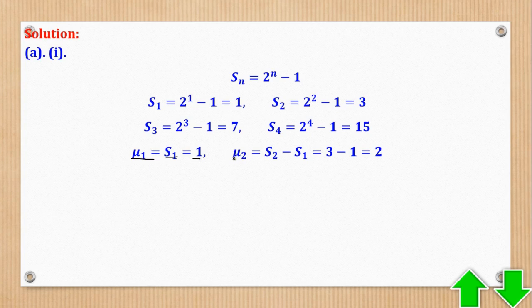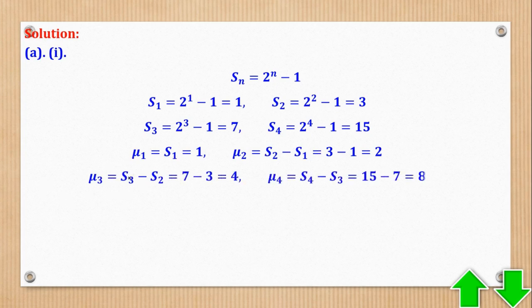But the second term will be got by subtracting the first term from the sum of the first two terms to give you 3 minus 1, which is 2. What about the third term? It will be S3 minus S2 to give you 4. Fourth term will be S4 minus S3 to give you 8.